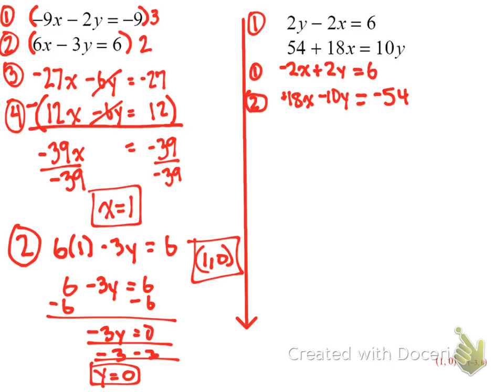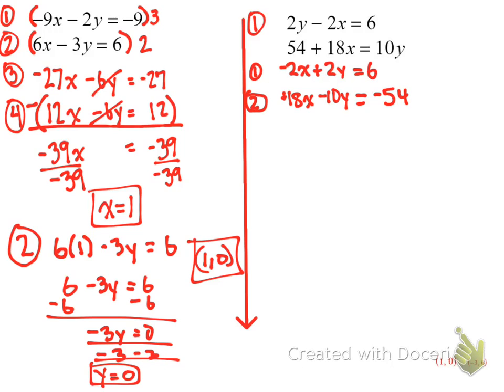Then I ask myself, do I want to eliminate the x's or do I want to eliminate the y's? Which ones do I want to eliminate? X's or y's? Okay, what can I multiply 2 with to get 18? 9, good. Or what can I multiply 2 with to get the 10? Which one do you want to multiply, 9 or 5? 5.